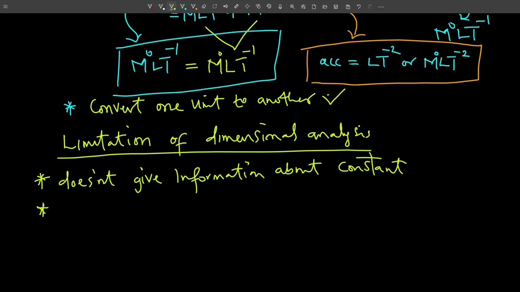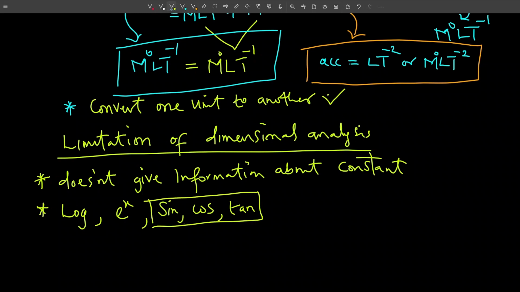So we cannot derive the dimension of some functions. Functions like this, we call a logarithmic function. Functions like this, we call an exponential function. Functions like this, we call a trigonometric function. So for these functions, you can't derive the dimension.